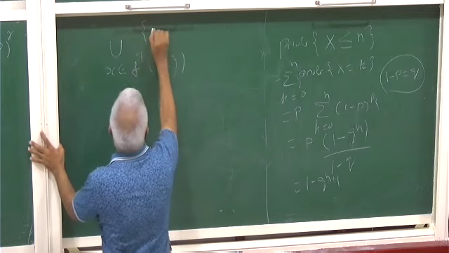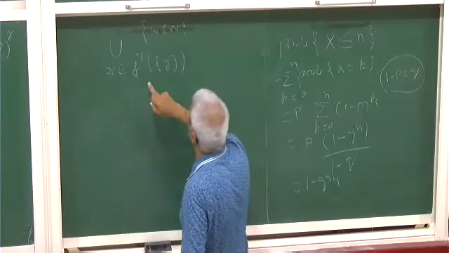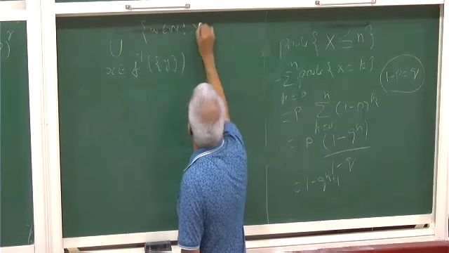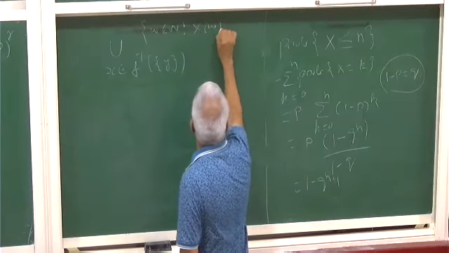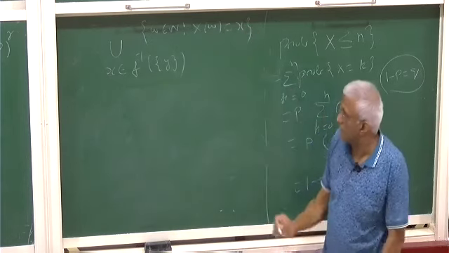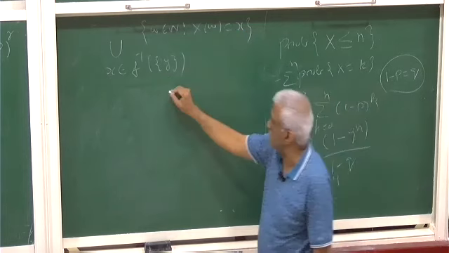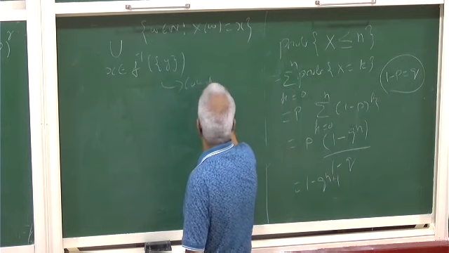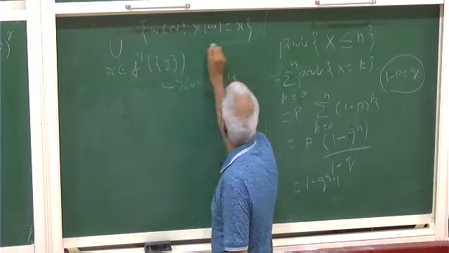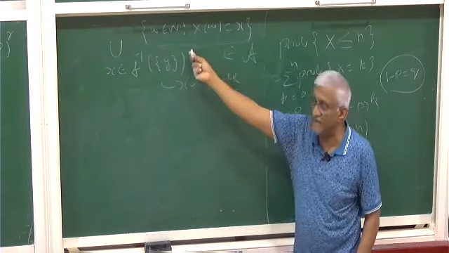All those omega in the sample space such that x of omega equals x, a single point, where x is in this countable set. And this set is in script A by the definition of the random variable.